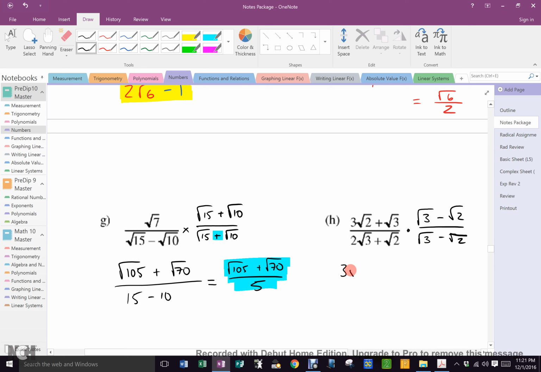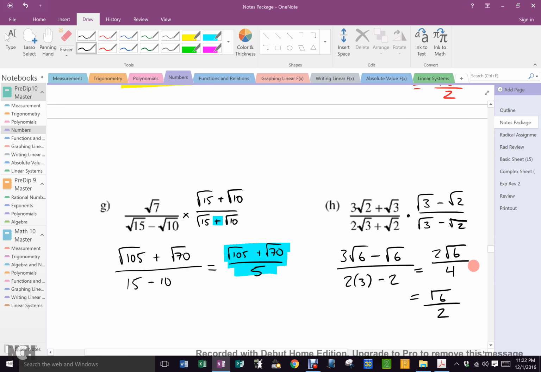So that's 3 root 6 plus the middle terms cancel, minus root 6 over 2 times 3 minus 2, which equals 2 root 6 over 6 minus 2 is 4. Do your canceling. Root 6 over 2. And that is it.